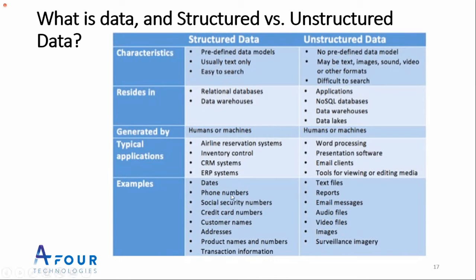Examples of structured data are dates, phone numbers, addresses. In unstructured data you have your text files, reports, audio, video files, images. So now you can understand, when it comes to unstructured data, what kind of user scenarios or applications you can build.